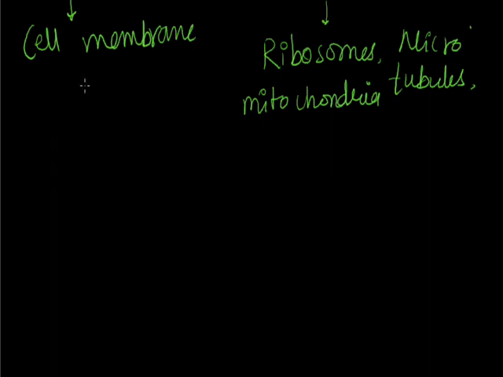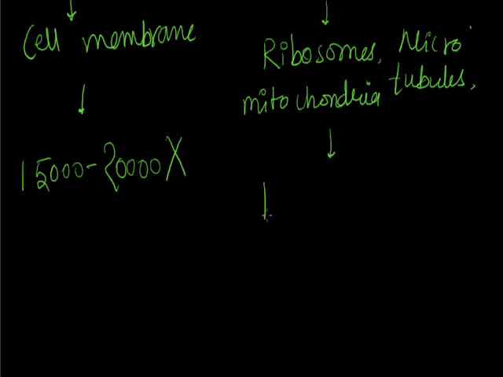Now come to the magnification power. For the scanning electron microscope it is about 15,000 to 20,000x, or in the case of the transmission electron microscope, its magnification power is 1 lakh to 4 lakh.